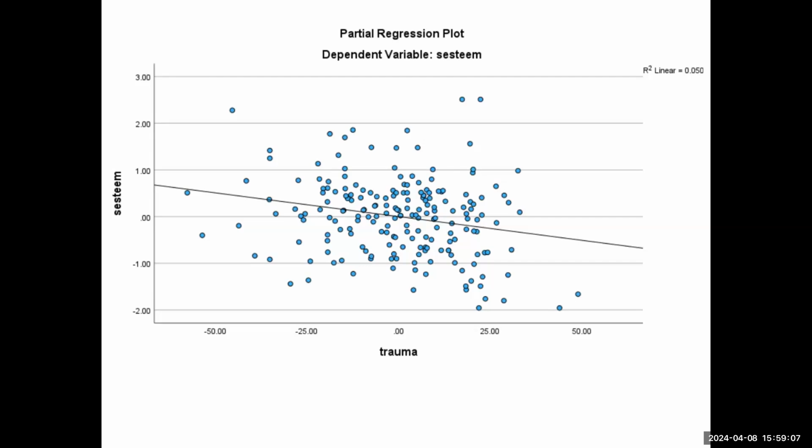This plot is showing us the partial association between trauma symptoms and self-esteem, and the R-square associated with the line here is 0.05. If we took the partial correlation from our output table and squared it, we'd get 0.05 within rounding.